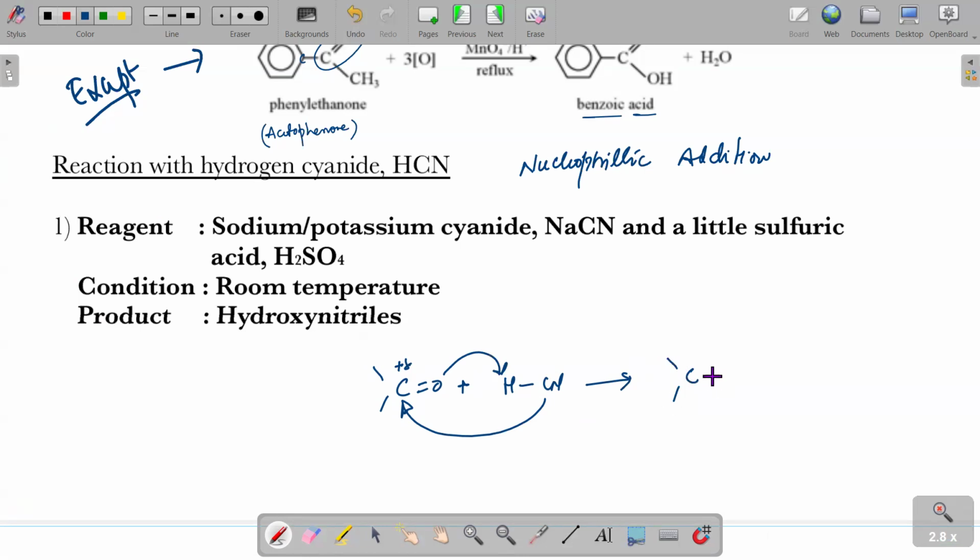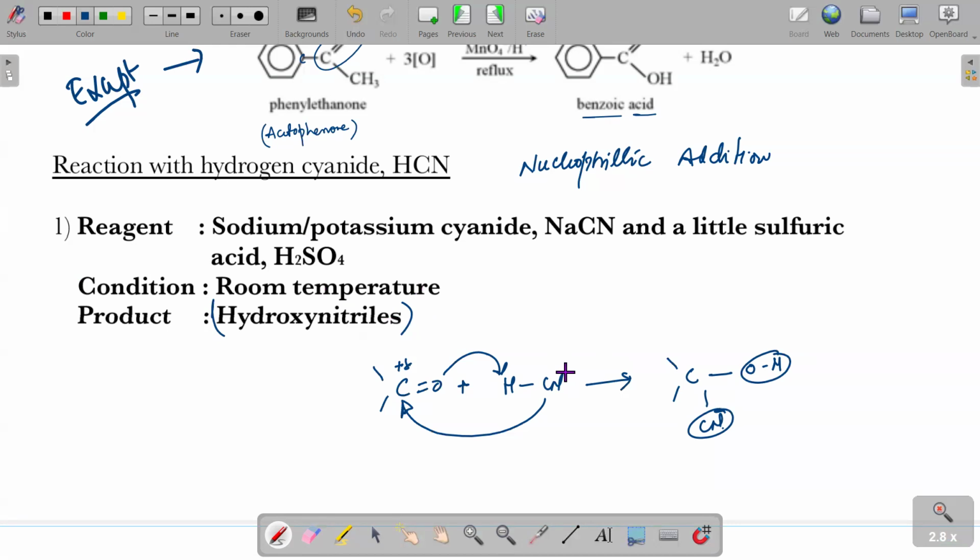So we are left with a single bond, OH, and a nitrile compound. These are hydroxynitriles: this is the hydroxy group, and this one is the nitrile group. These are the products, and the reaction takes place under room conditions.